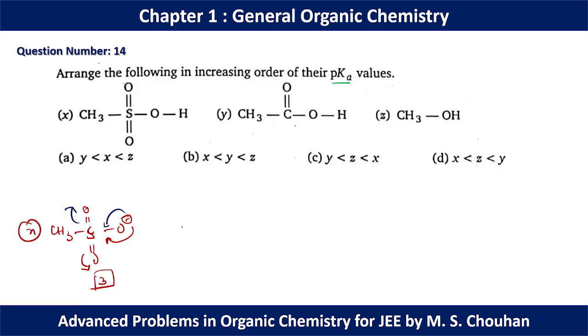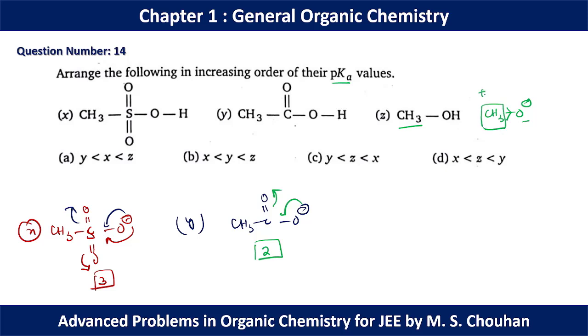Now for the second molecule Y, we have CH3C double bond O, O minus. This is one canonical form. Again, this resonating structure can be drawn, and it can give another canonical form. So in the Y molecule we have two canonical forms, and in Z we don't have any canonical forms, where this negative charge is destabilized by the plus I effect of this methyl group.